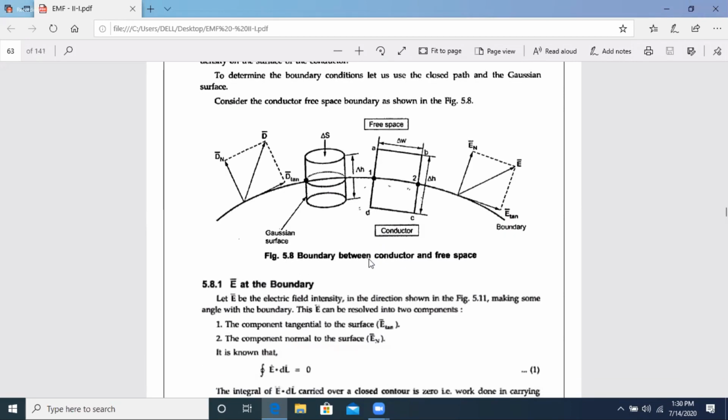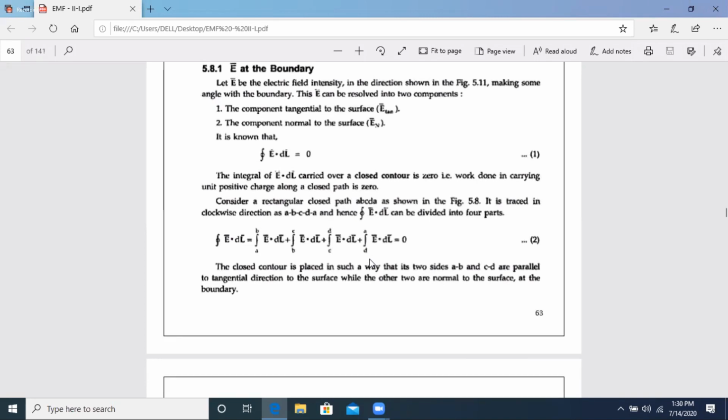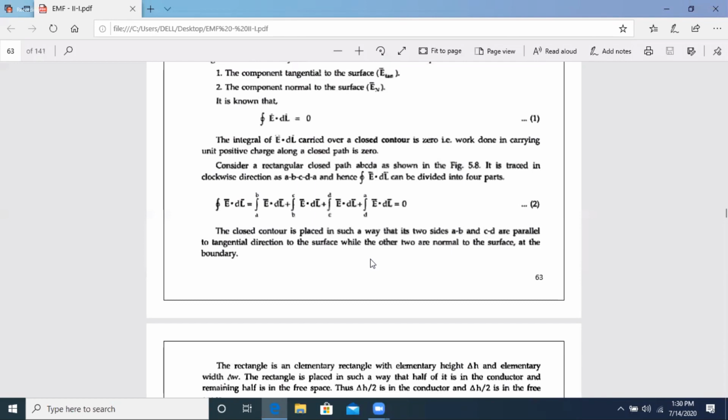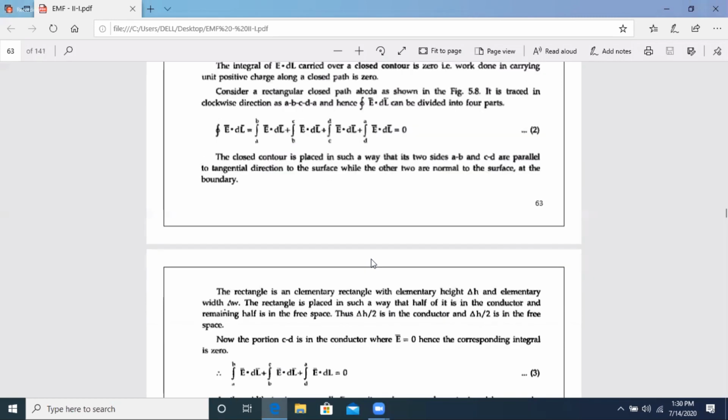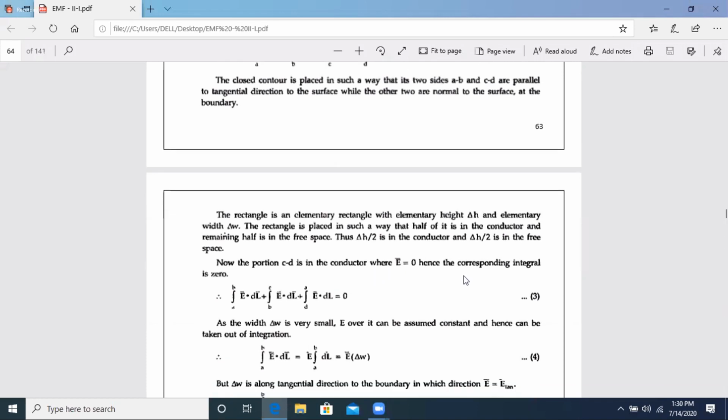No electric field. Right? Okay. So we can drop out the integral of C to D. So we are left with this.